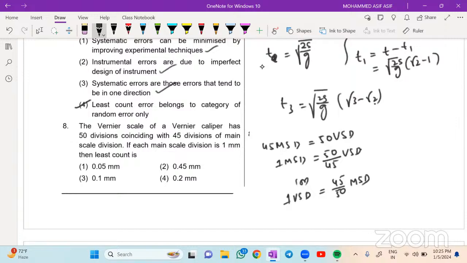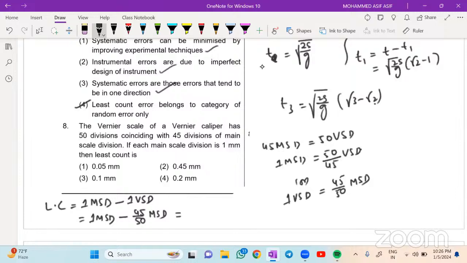What is the least count formula? I hope you remember it. Least count will be equal to 1 MSD minus 1 VSD. So it is equal to 1 MSD minus, writing VSD in terms of MSD, 45 divided by 50 into MSD.